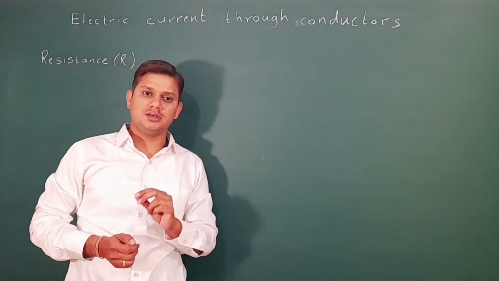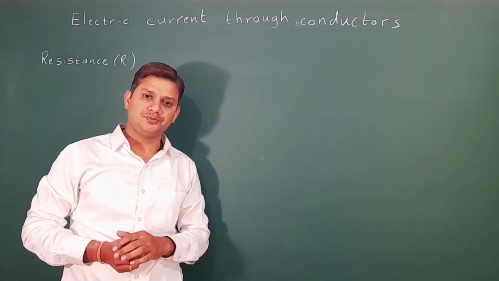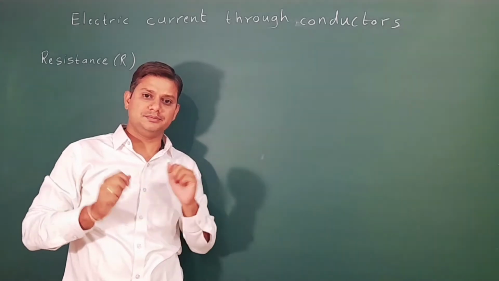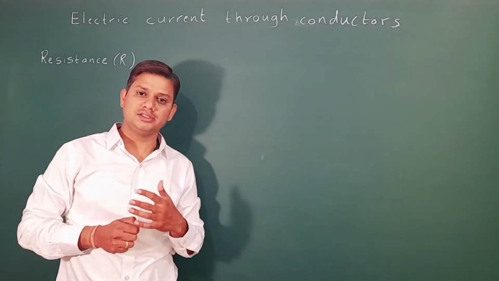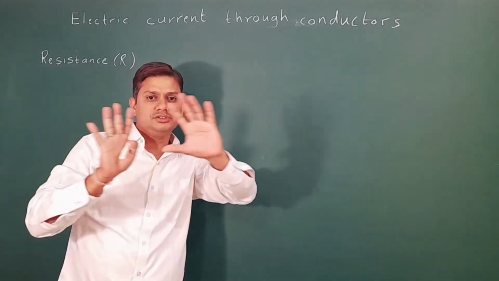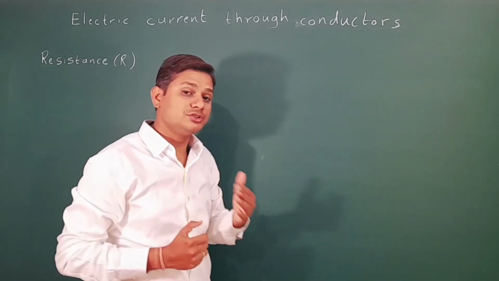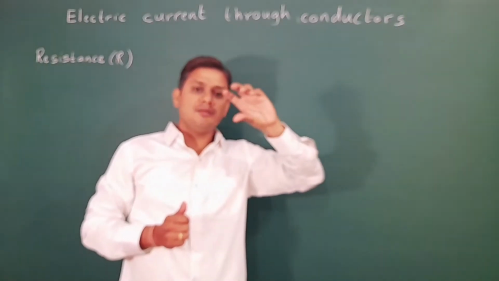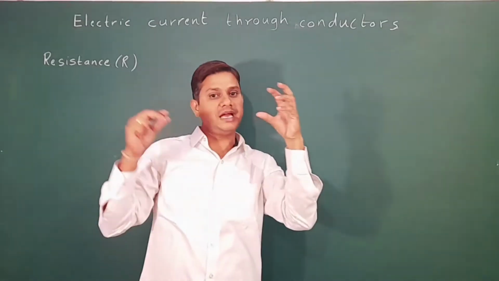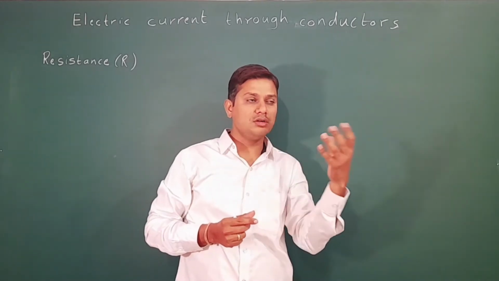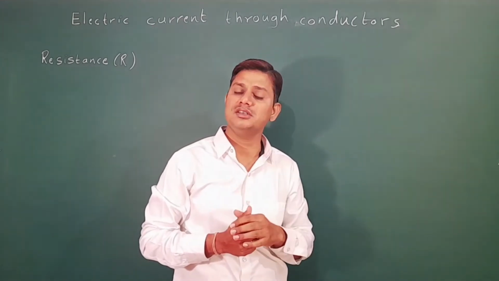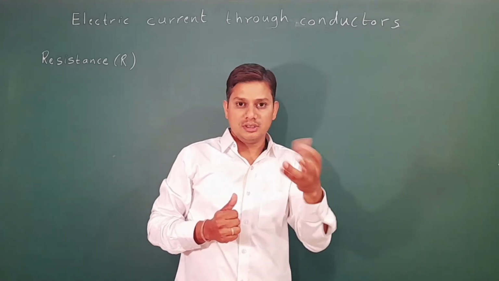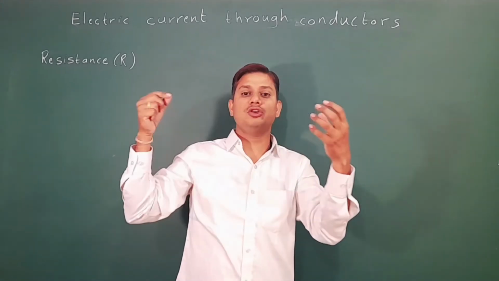Inside a conductor, there are atoms, there are free electrons. So when a battery is connected to the conductor, the free electrons start drifting towards the positive terminal of the battery. When they move, their path is obstructed by the atoms of the conductor or atoms of the impurity present inside the conductor. So these atoms kind of restrict the motion of these electrons.